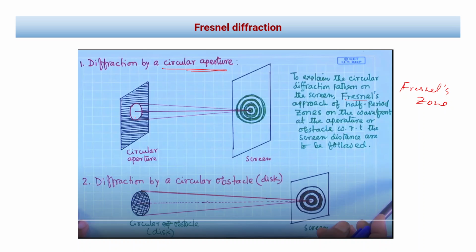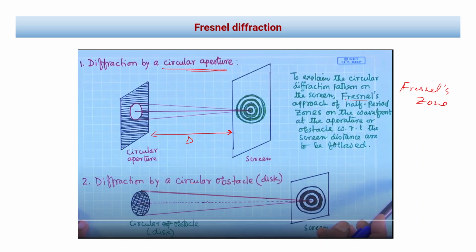Here at the center we should expect a bright spot, because light can directly come from here and hit the screen, but instead, depending on the distance between this circular aperture and the screen, we may obtain either a dark or bright fringe at the center.